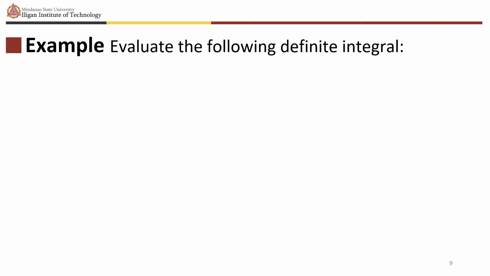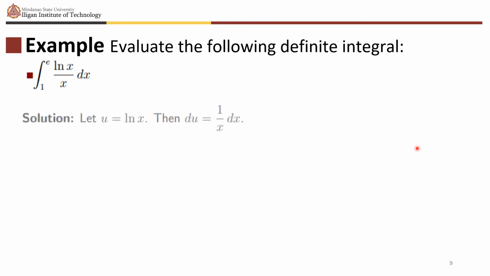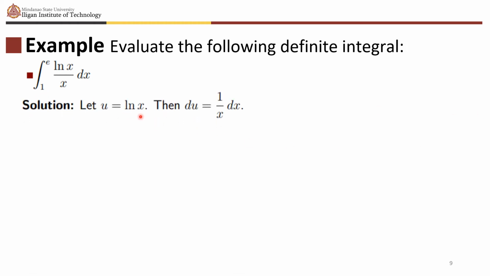The next example, we have the integral of ln of x over x dx evaluated from 1 to e. Now, if we let u be equal to ln of x, then our du, if you recall, the derivative of ln is 1 over x dx, correct?